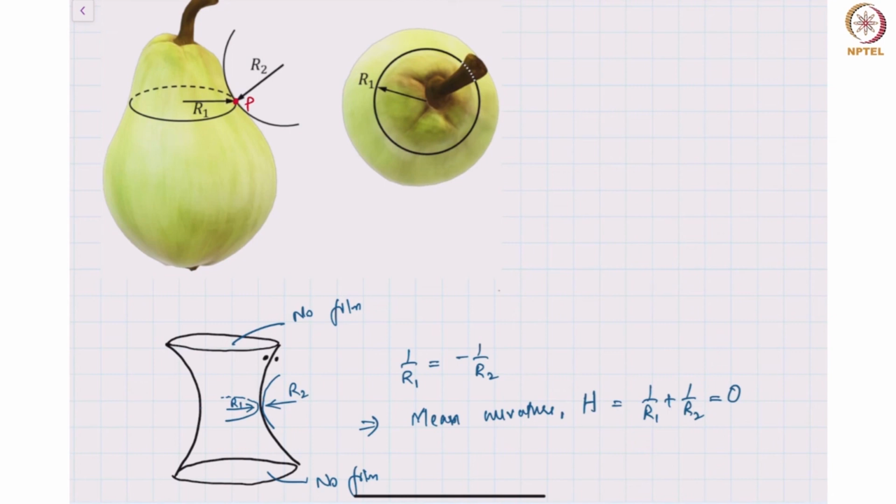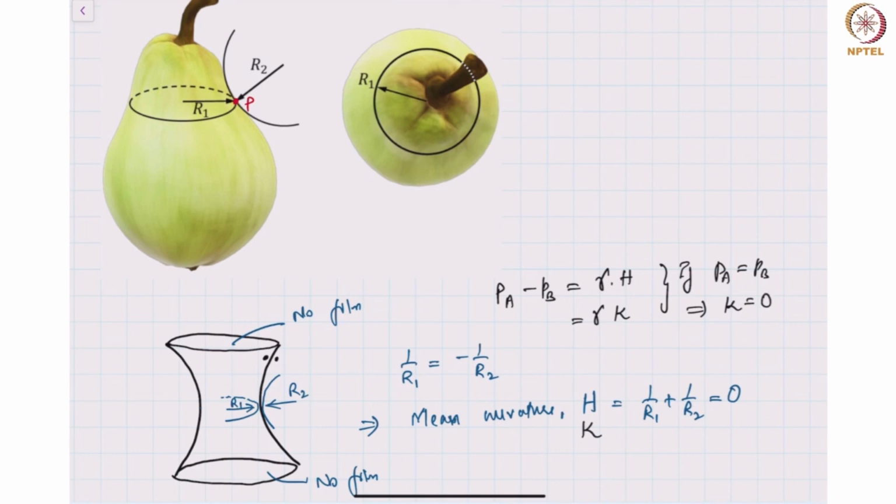Therefore, if I use the expression PA minus PB as gamma times curvature, or gamma times kappa, where kappa is another commonly used notation, then if PA is equal to PB, the only option is that kappa has to be 0, because clearly surface tension is not 0.